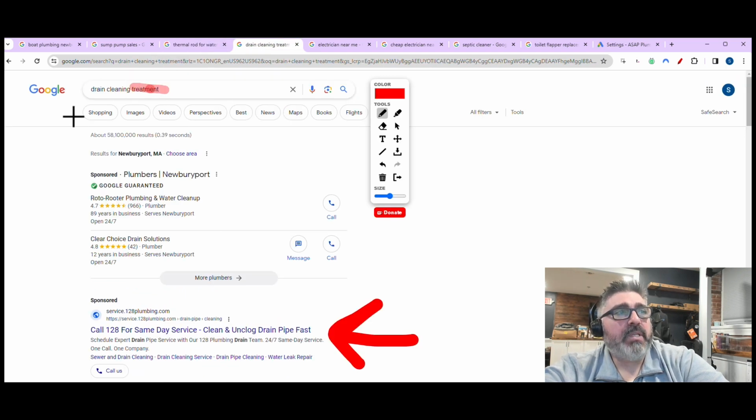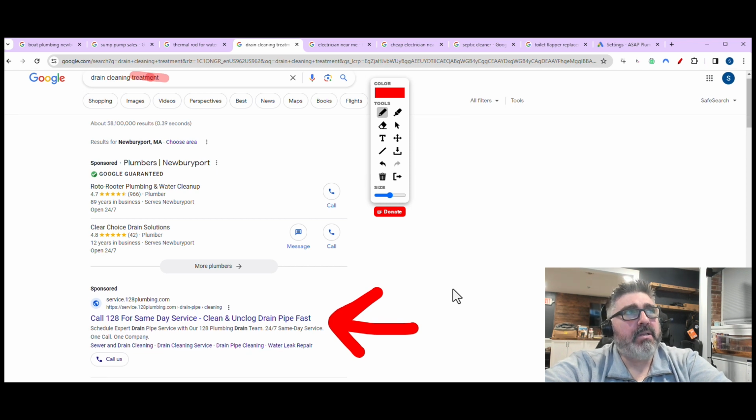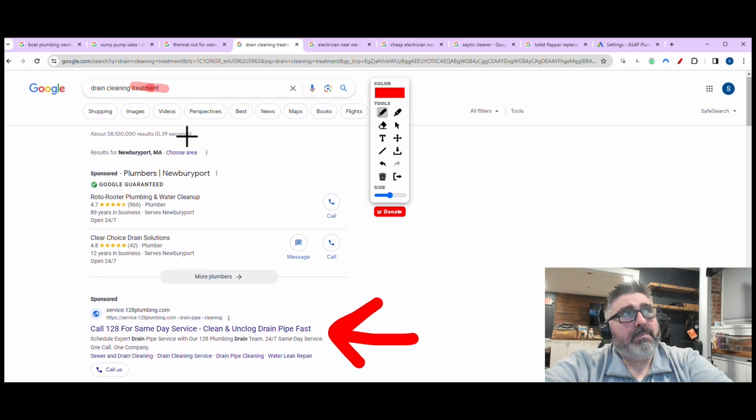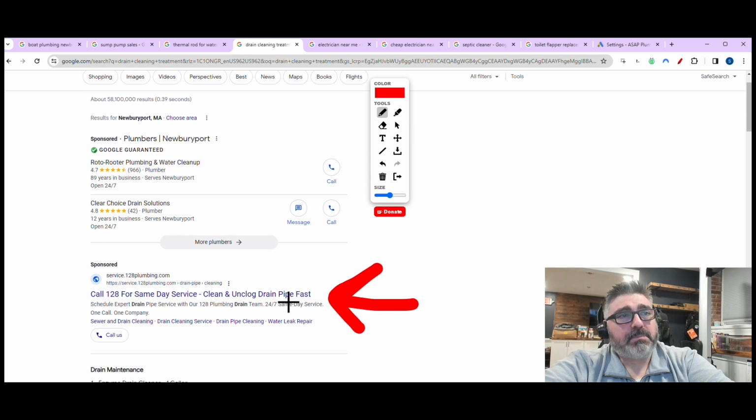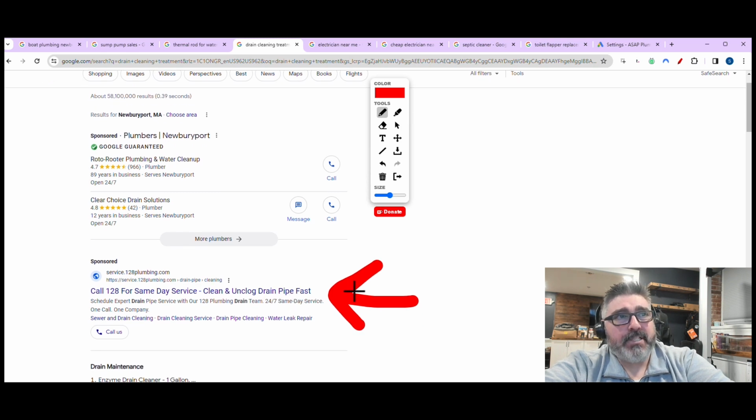Drain cleaning treatment, you know, that's going to imply some kind of search for Drano, Rid-X, or whatever, that's a retail term. Now, Google is serving this as if we were trying to attract somebody in desperate need of drain cleaning. And this click is very expensive.